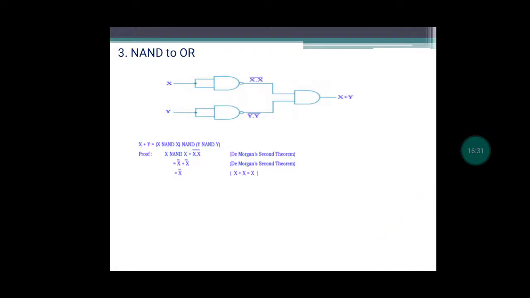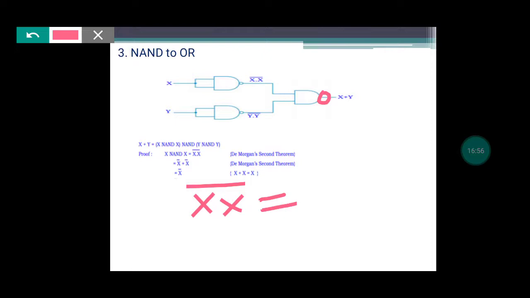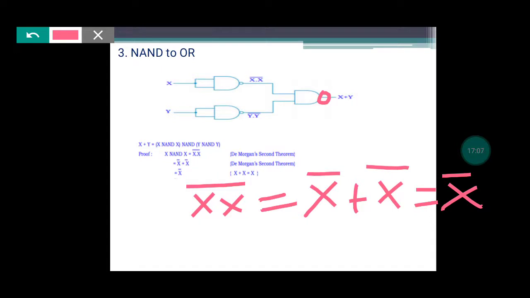How can we derive this? As shown in the diagram, we have x NAND x, and similarly y NAND y. So first we will derive the terms individually. Let us take x NAND x. As we have derived in the NOT gate, I can rewrite this as x bar plus x bar, which is nothing but x bar only, because that is what they have represented here.